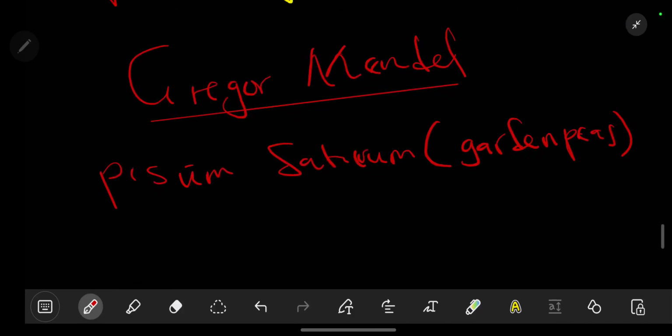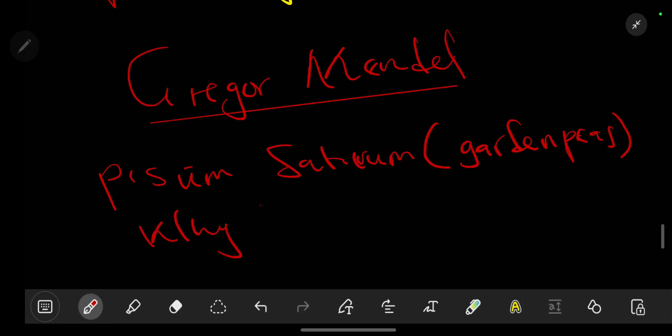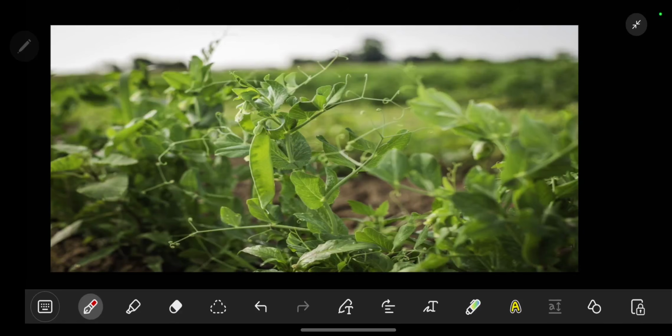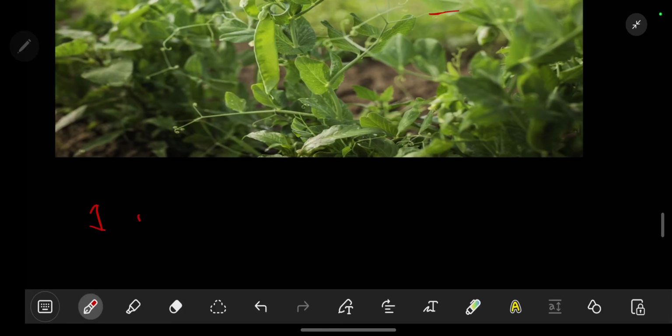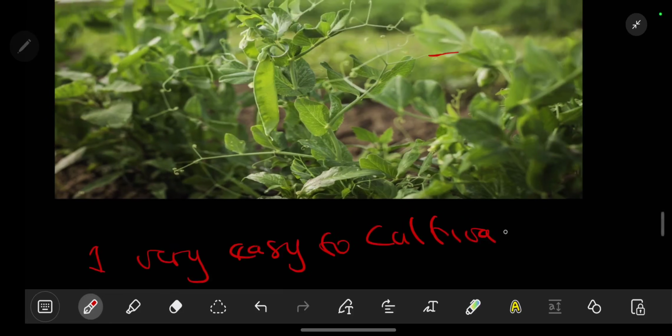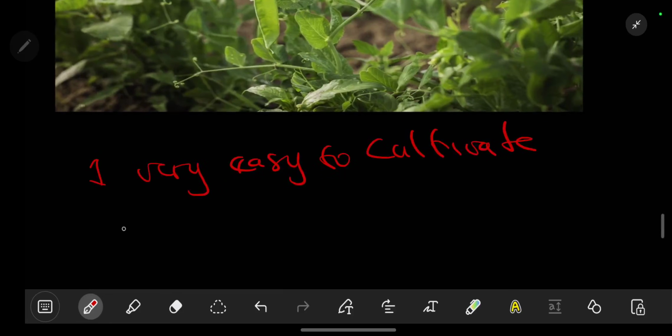Now the question that they might ask you is, why did he use garden peas? Number one, the first reason is that, as you can see, they are very easy to cultivate. The other reason is that they produce many distinctive varieties.